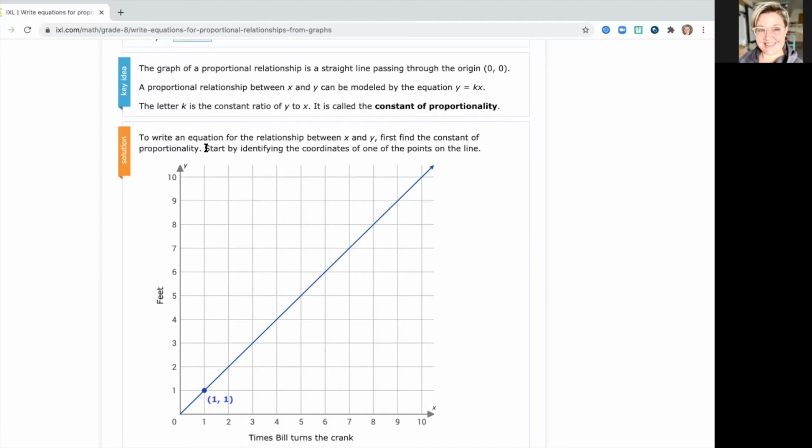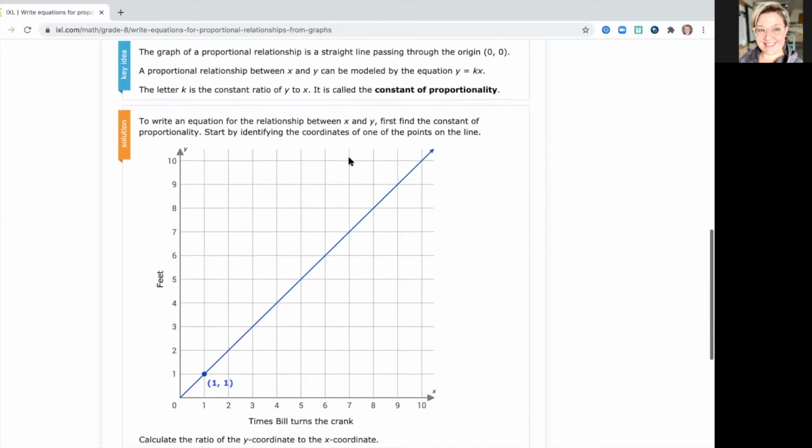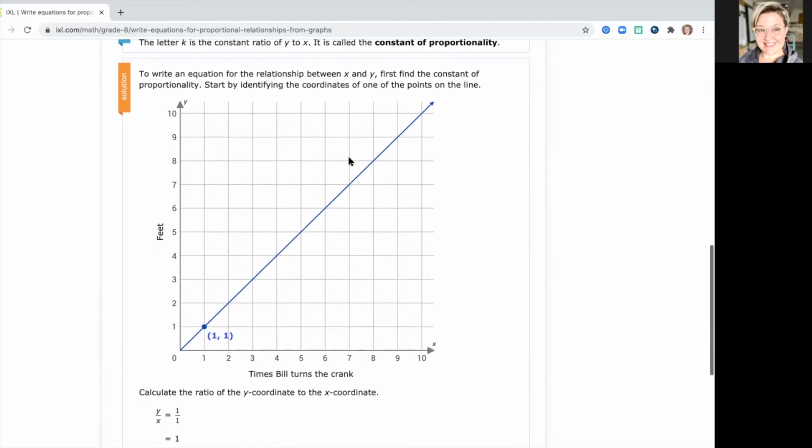To write an equation, we're now looking at the solution. To write an equation for the relationship between X and Y, first find the constant of proportionality. We just did that in the last section. So we start by identifying one of the points on the line.